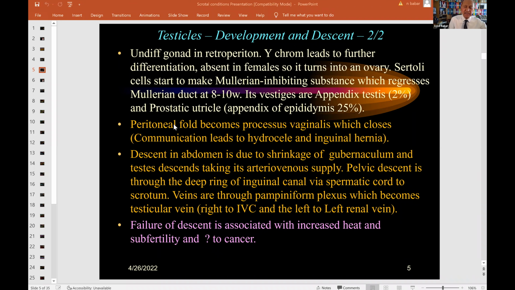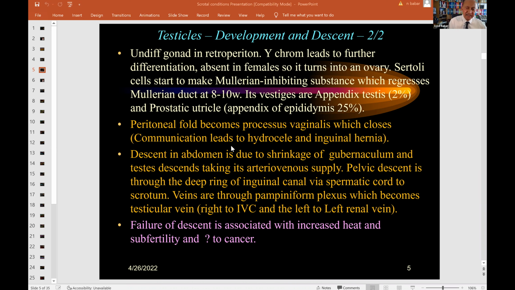And then eventually, in the last trimester, close to the timing of the birth, the lower suspension, which is the gubernaculum, leads the testicle to enter the scrotum, and then the gubernaculum becomes fixed to the soft structures of the scrotum.